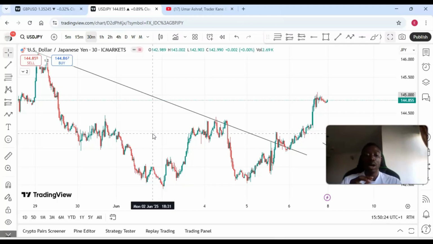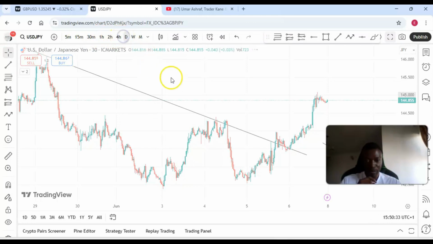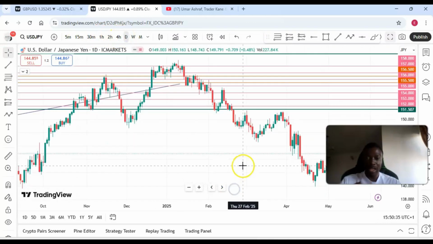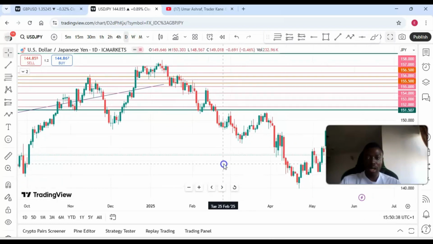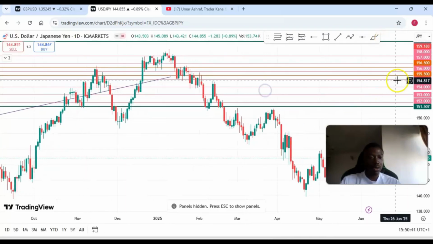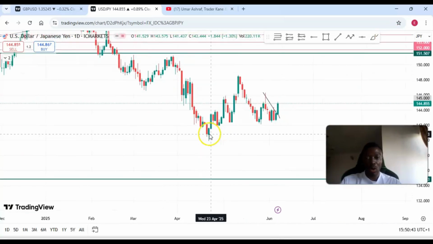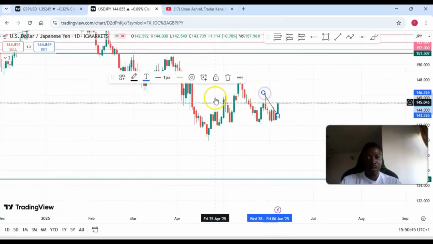The next thing you need to know about trend line is that the higher the time frame, the stronger the trend line. If I draw a trend line on a 1 day time frame, it's very strong, and the market will be more likely to respect that trend line on a higher time frame than on a lower time frame.